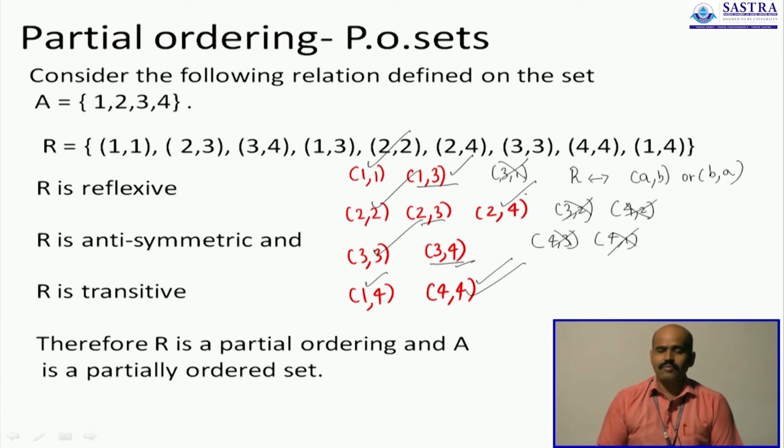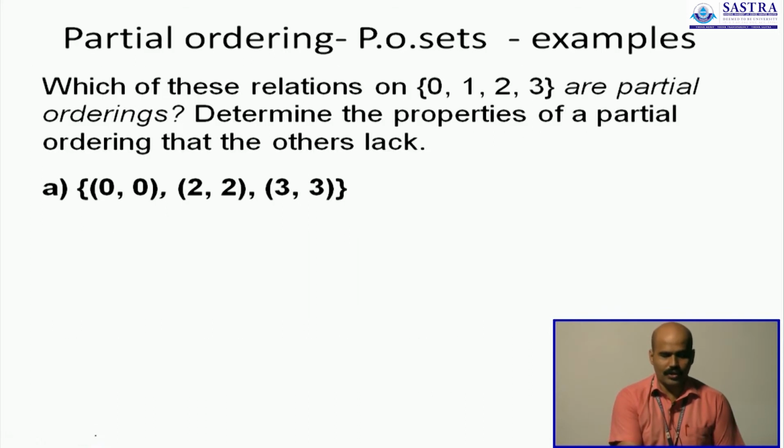This way we will find that whenever 2 pairs A, B and B, C are present, we also have the 3rd pair A, C. Hence the given relation is reflexive, antisymmetric and also transitive. Therefore we see that the relation defined on this set 1, 2, 3, 4 is actually a partial ordering.